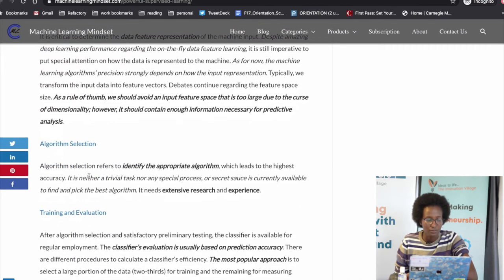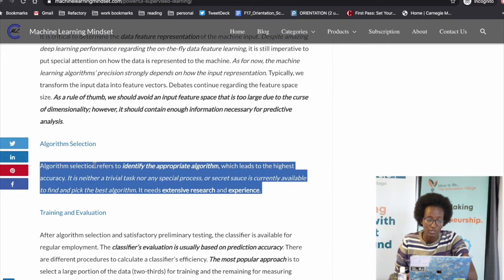Yeah, so then, okay, now this is a real step, algorithm selection. Algorithm selection refers to identifying the appropriate algorithm which leads to highest accuracy. It is neither a trivial task nor is any special process or secret sauce currently available to find and pick the best algorithm. It needs exhaustive search and experience. Okay, so there are several algorithms that we're going to see below.